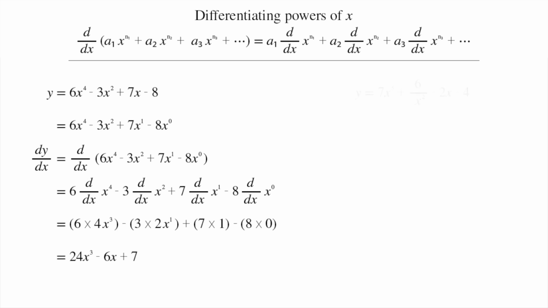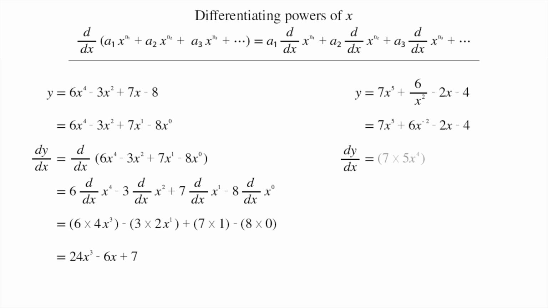Let's take y equals 7x to the 5 plus 6 over x squared minus 2x minus 4. First, let's rewrite this slightly. So this equals 7x to the 5 plus 6 times x to the minus 2 minus 2x minus 4. Now we can differentiate using the rule, so dy by dx equals, well, let's try differentiating each term straight away.